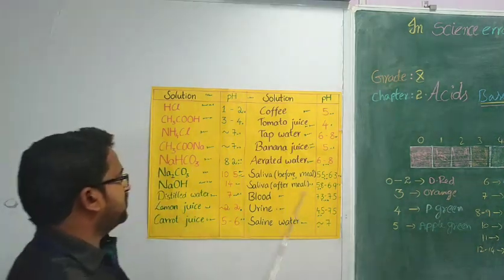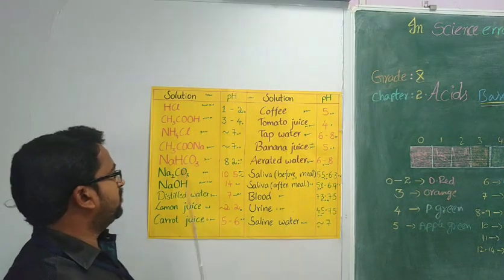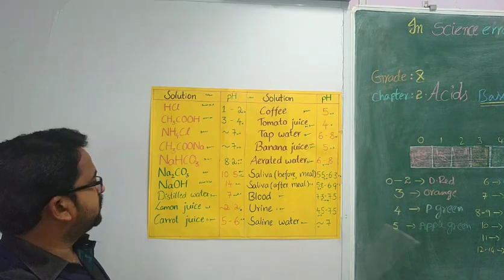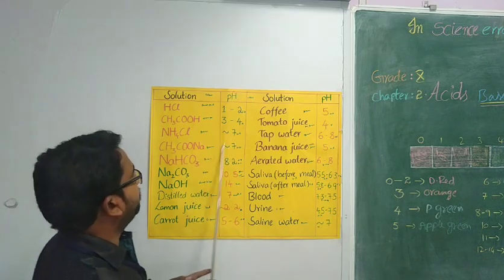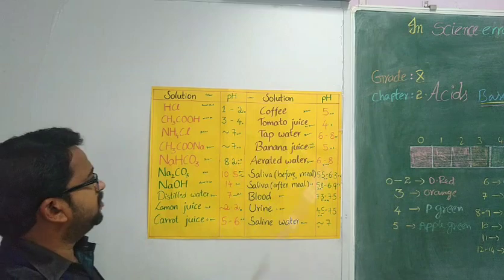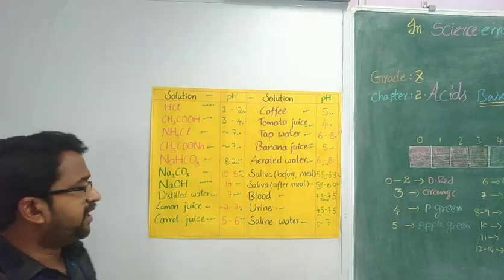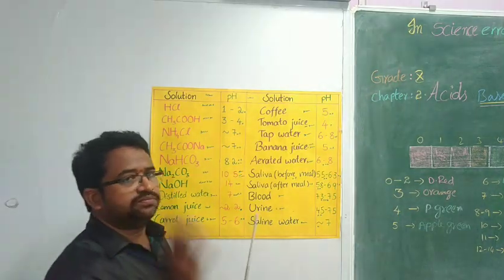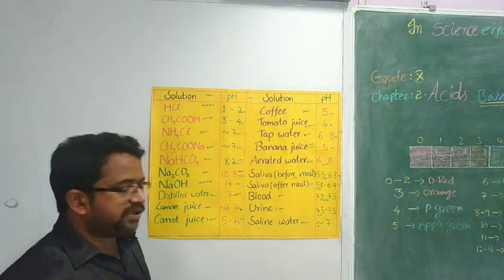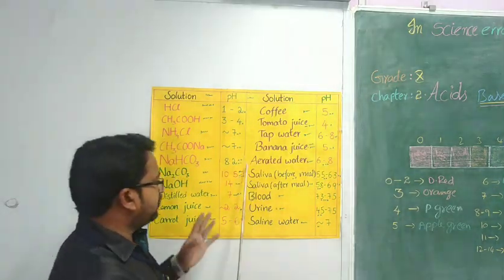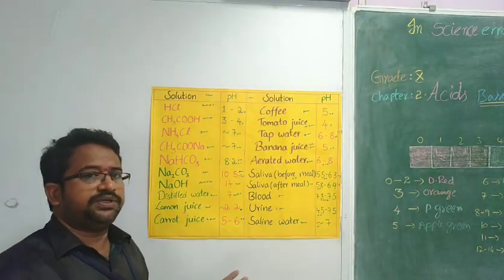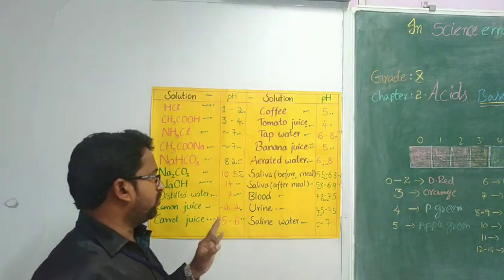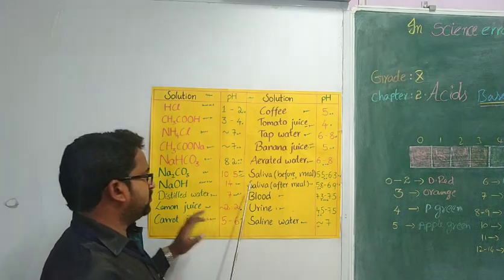Once you see the values, complete the table which is present in your textbook. Here one thing is not given, that is battery acid. Battery acid's pH value is 0. Note that one also. Totally in your textbook 17 are there, but I am going to give 21. 17 and 4 more. Up to saliva is there in your textbook.